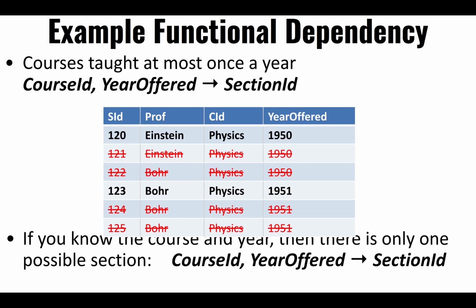Ideally, I would want to be able to enforce uniqueness and say, if Einstein can only teach physics, how about I make that a key? I can say that the combination has to be unique, and now I can have the database enforce that rule for me. See that?